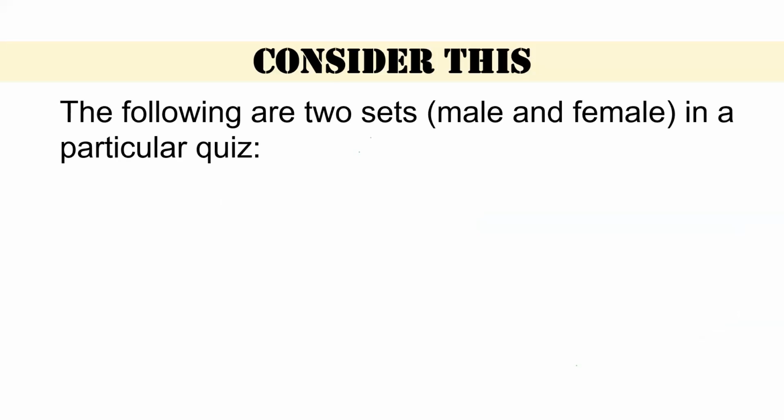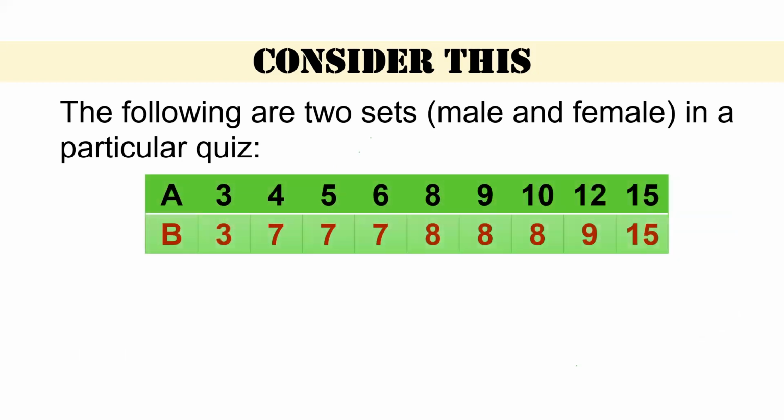Consider this. The following are two sets, male and female, in a particular quiz. Set A is the set of males. Their scores are 3, 4, 5, 6, 8, 9, 10, 12, 15. Set B is a set of females. The females have scores 3, 7, 7, 7, 8, 8, 8, 8, 9, 15.